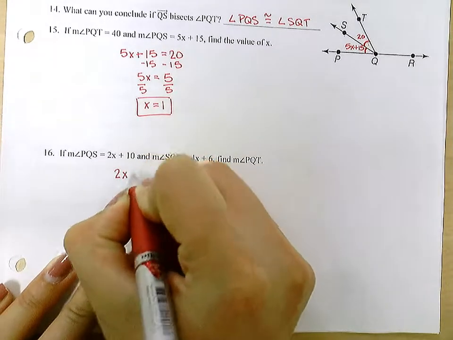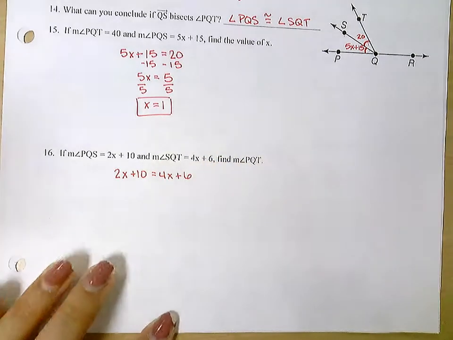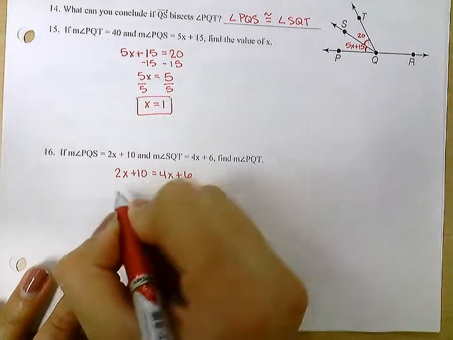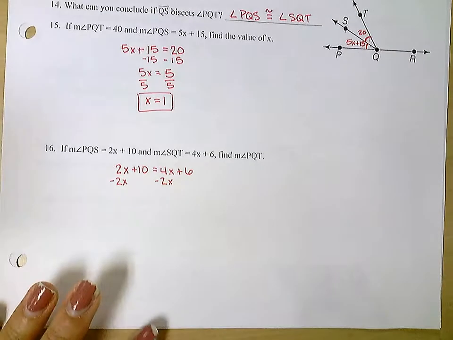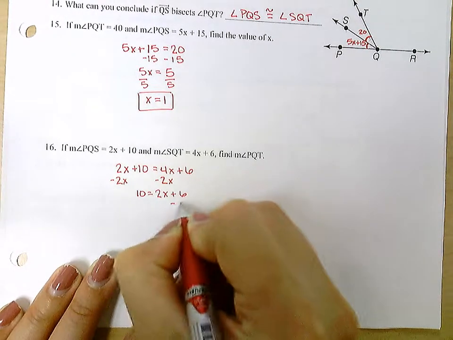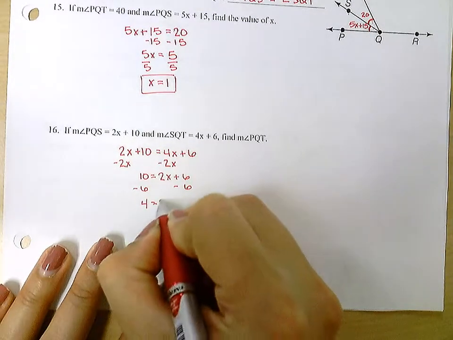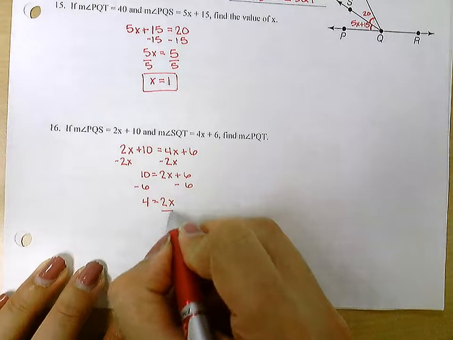Okay, so I would set 2x plus 10 equal to 4x plus 6. Okay, I'm going to subtract 2x and subtract 6 from both sides. And divide by 2.